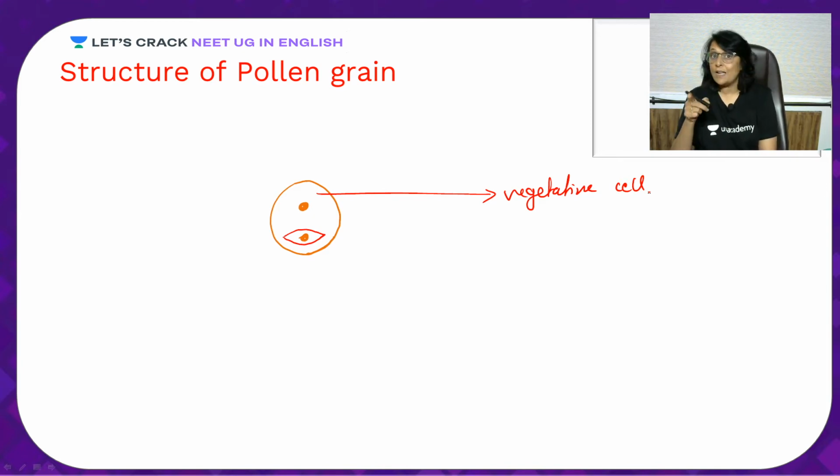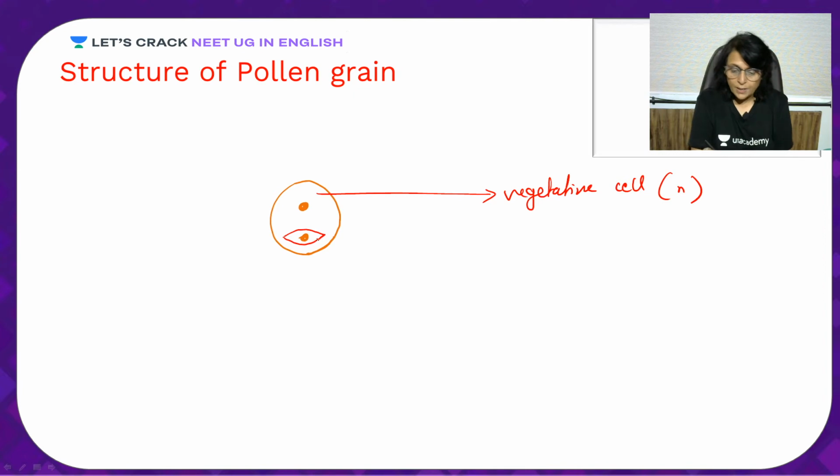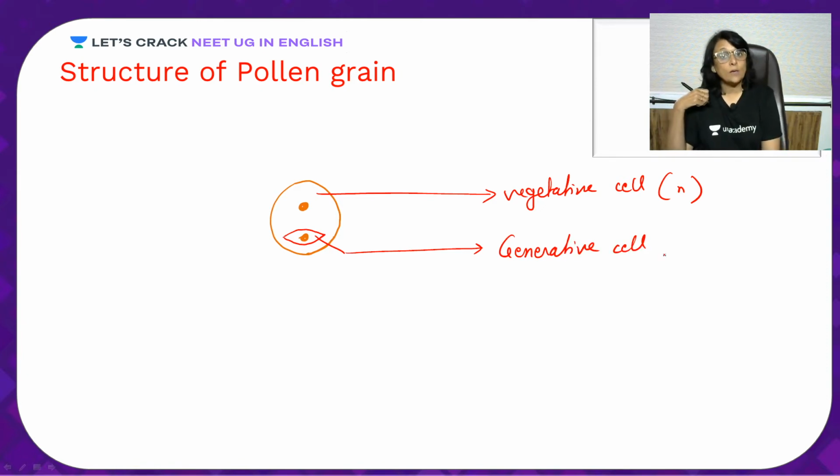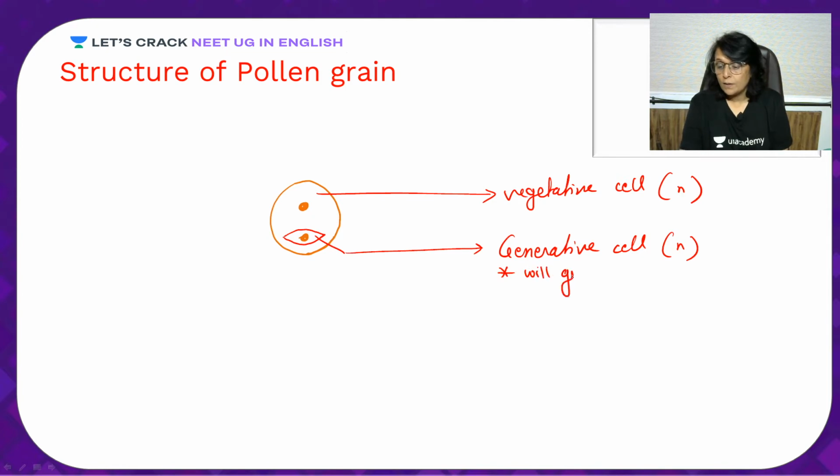Vegetative is not helping in sexual reproduction. And it is haploid because it is formed as a result of meiotic division. Generative cell is the one which will give rise to the male gamete, and this is also haploid. So this will give rise to two male gametes.